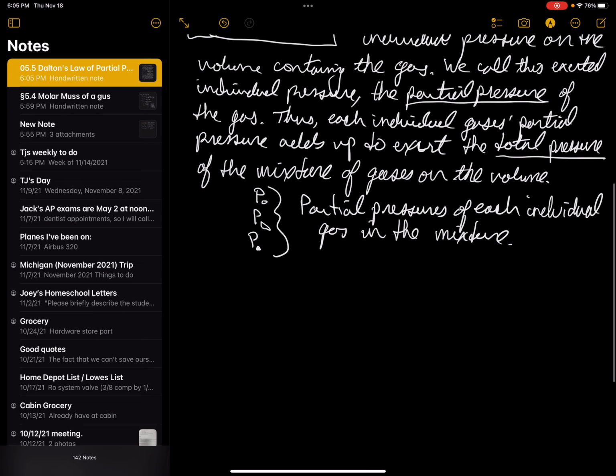And then there is what is called a total pressure, which is the sum of each of the individual partial pressures. P circle plus P triangle plus P dot. Okay?